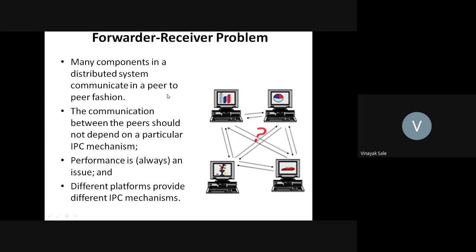The communication between the peers should not be dependent on a particular inter-process communication mechanism, that is the IPC mechanism. The performance is always an issue and different platforms provide different IPC mechanisms.